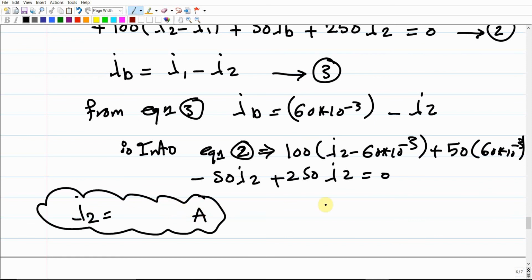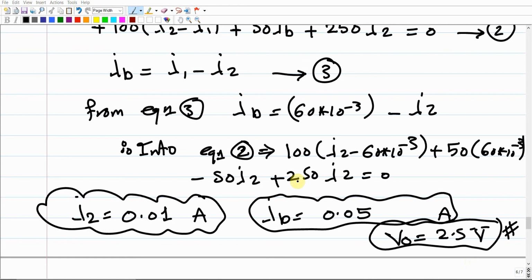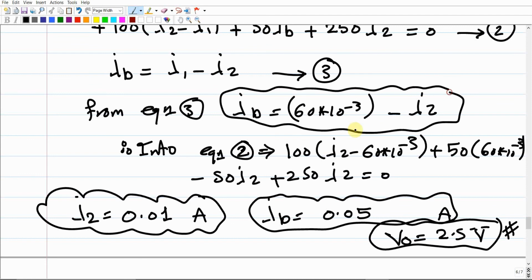After we solve this equation, we already have I1, and we can find I2 from this expression in terms of ampere as well. So if we solve this equation, we end up with I2 equals 0.01 ampere, which is 10 milliampere. Then plug into this expression here and you find IB.